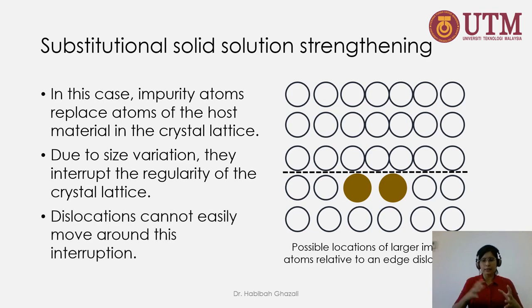When there is irregularity on the slip plane, the dislocation cannot easily move around this interruption. So again, a higher force needs to be applied to this material for the dislocation to move, for deformation to happen. When we need a higher applied stress, it means that the material has a higher yield strength.